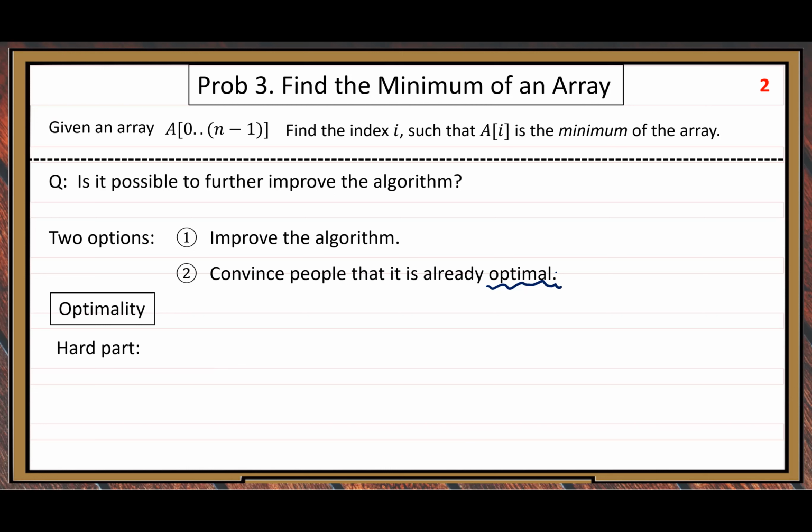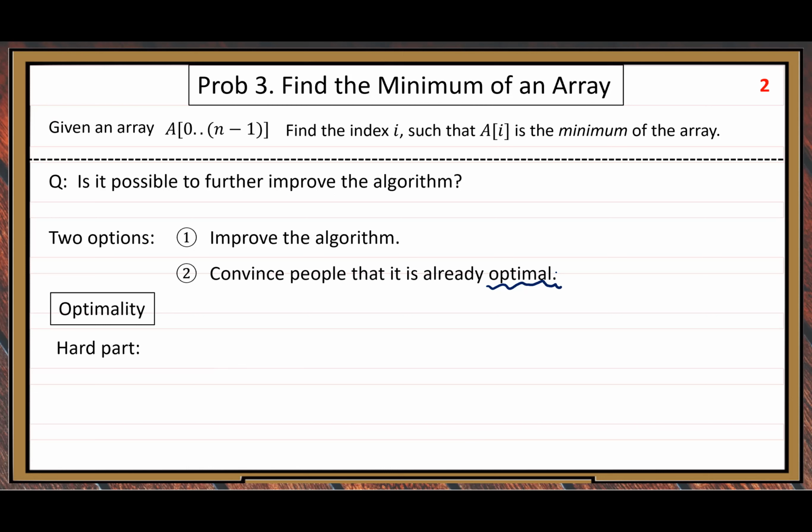Even if nobody in the world can improve this algorithm, can you guarantee that after several generations, there is not some very smart person who can improve it?